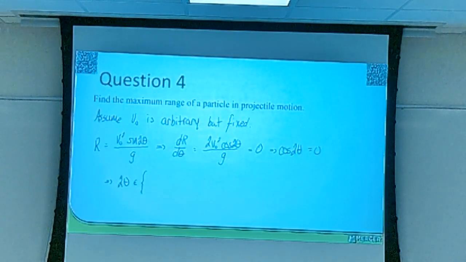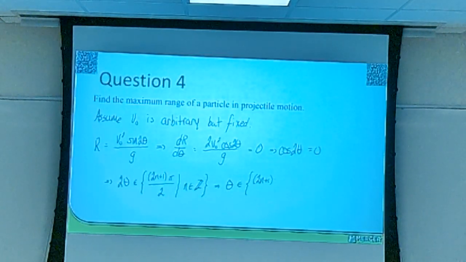Odd multiples of pi over 2. Two theta has to be one of these infinite number of values. That means theta itself has to be an odd multiple of pi over 4.